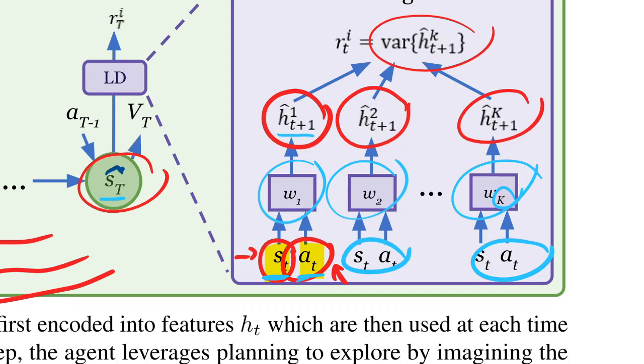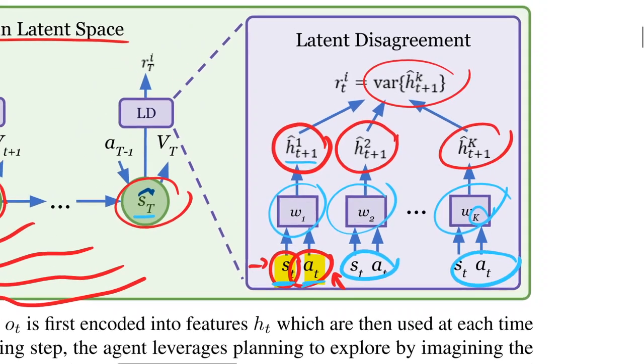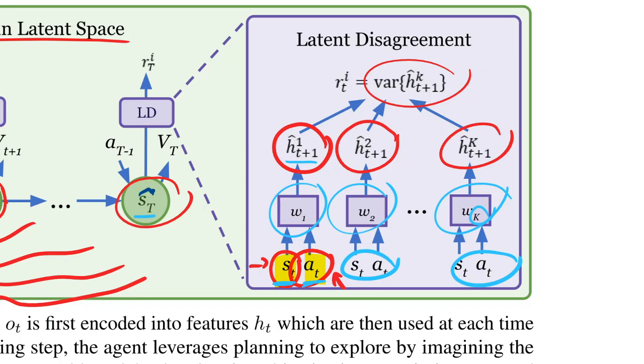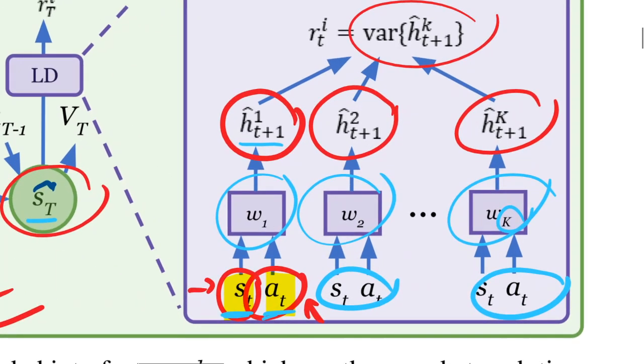Now, if the uncertainty over the next state is very high, this can be due to two facts. Either it is actually uncertain what's going to happen. So maybe you have a piece of paper and you drop that, and due to the wind, you can't know what's happening. Or because your model has simply not learned yet what's going to happen. In either of those cases, you don't know what's going to happen. Therefore, these predictions are going to be very different from each other.